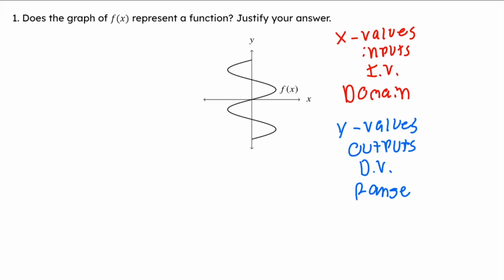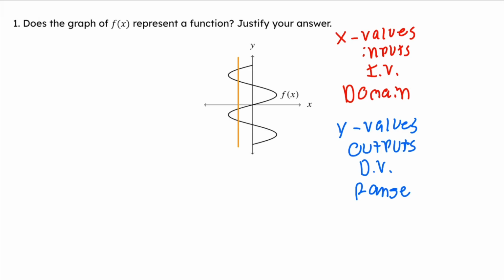Using that definition, however you defined it, let's look at our graph of f of x. If we choose any x value where the function is defined, like the point right here, and draw a vertical line through that point, we can see that it intersects the graph at 4 distinct points. So for this singular x value, it produces 4 outputs.